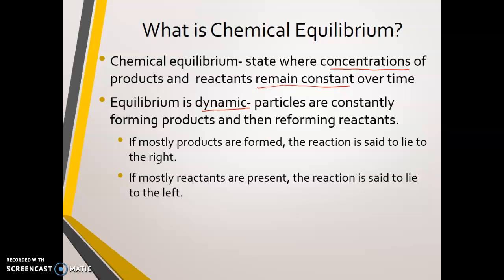So we have reactions going both forward, left to right, reactants forming products, and then we also have them going in reverse, products forming reactants. If mostly products are formed, the reaction is said to lie to the right, and if mostly reactants are present, the reaction is said to lie to the left.